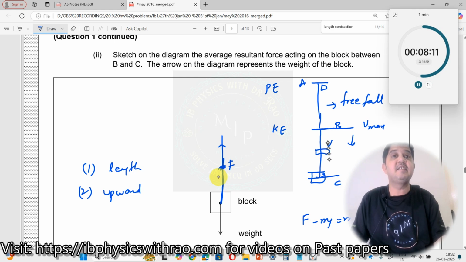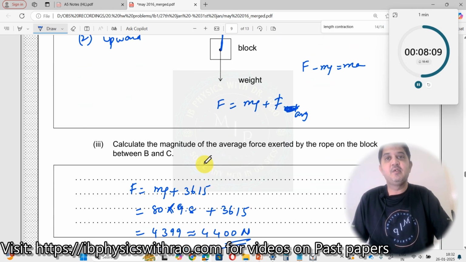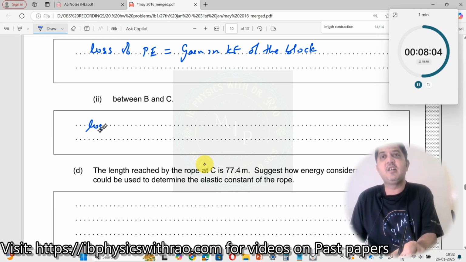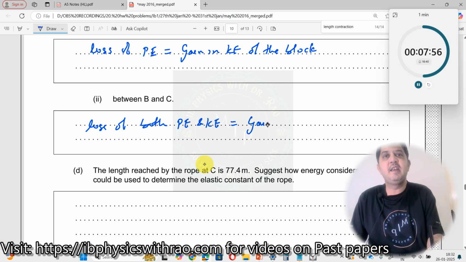The elastic energy is increasing over here, right? So we should now write between B and C: loss of both potential energy and kinetic energy is equal to gain in elastic potential energy, EPE. You can write so much over here.